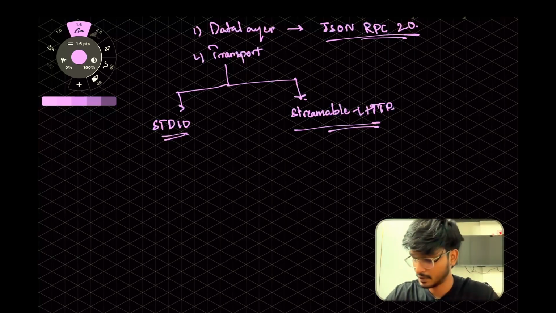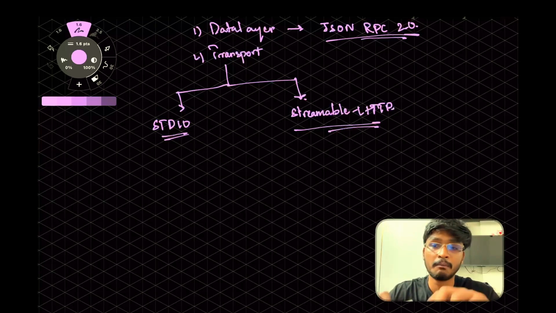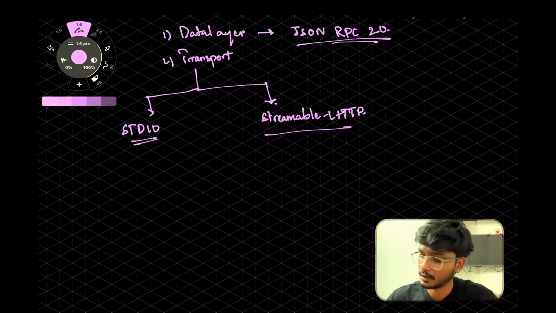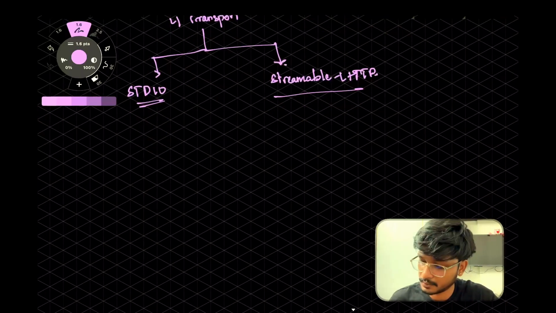When this happens, you use STDIO. But let's say you create a server and deploy it in some cloud application, let's say AWS or Azure. That time it's going to be streamable HTTP. You have to define clearly in the client, and in the server as well, how the communication is going to happen.